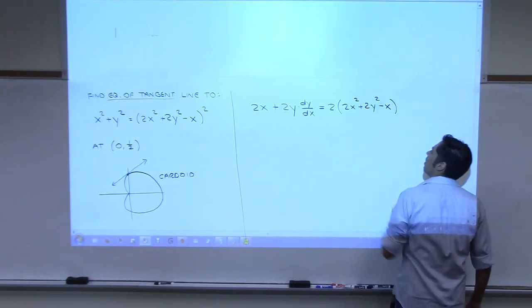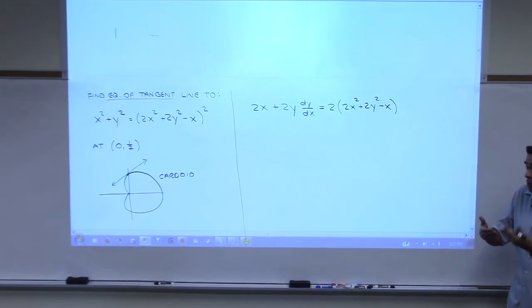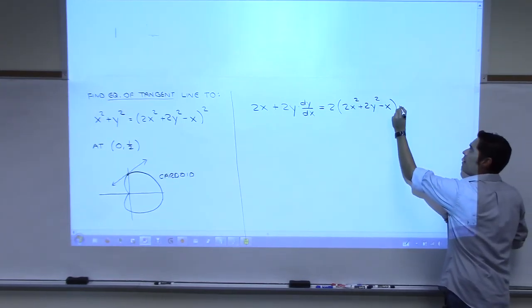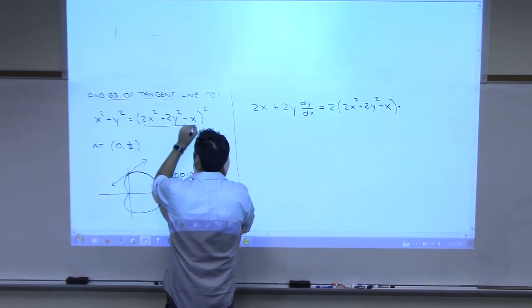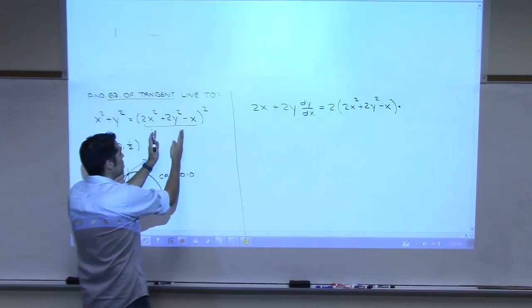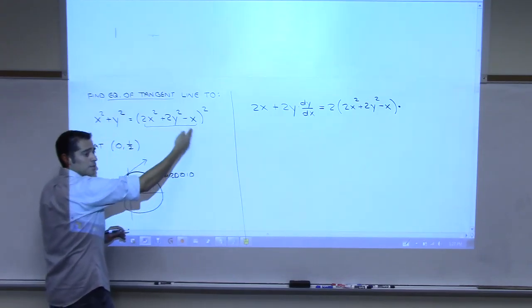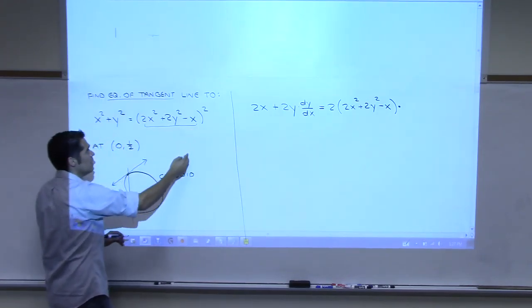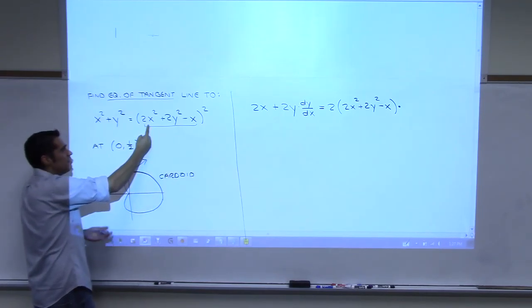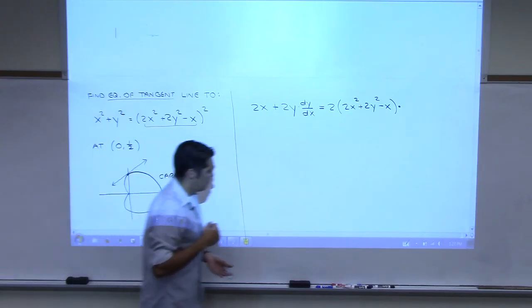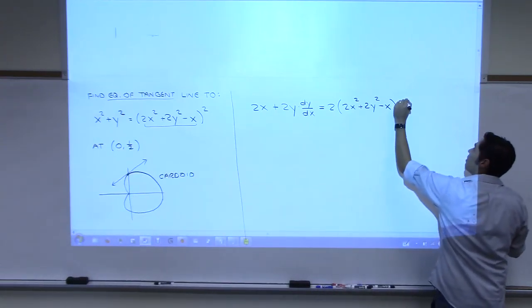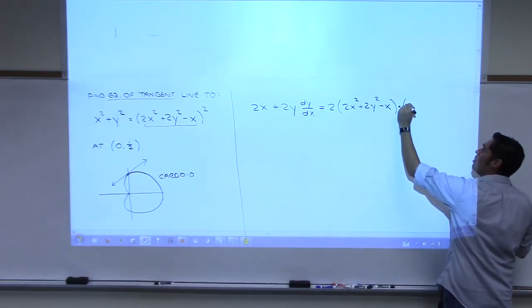I'm doing chain rule, right? Times, now I go inside, I look at the junk, and I try and take the derivative of this with respect to x. There's 3 separate terms, so I can do them one at a time. The first one has just x in it, so it's going to be a standard derivative. Derivative of 2x squared is 4x. And I'm going to put a set of parentheses here because I'm going to have more than one term, right? So 4x.